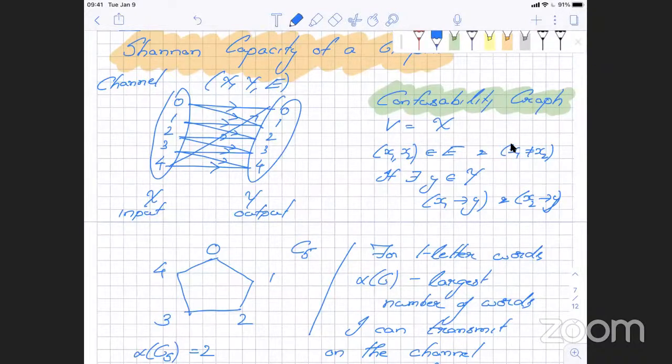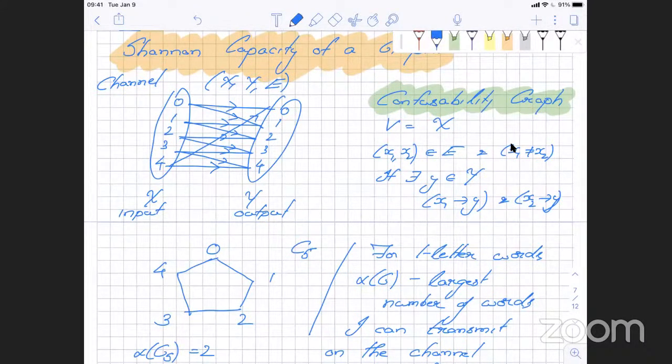My question was that in such cases, going farther and farther, having larger values of k, need not increase the size of the independent set. I think what you are saying is that if the confusability graph is complete to start with, then you will not get any advantage. Yes. Zero error decoding is not possible there anyway.